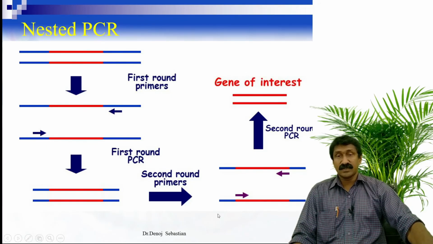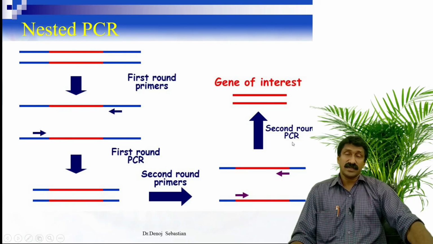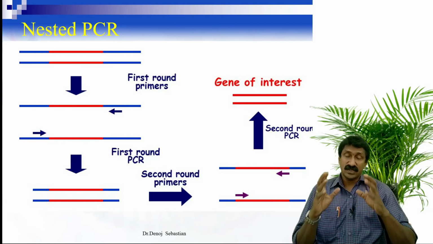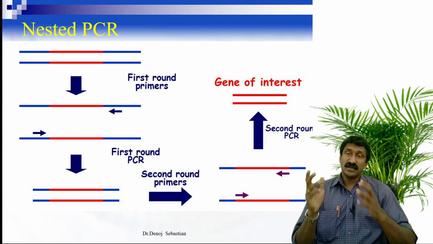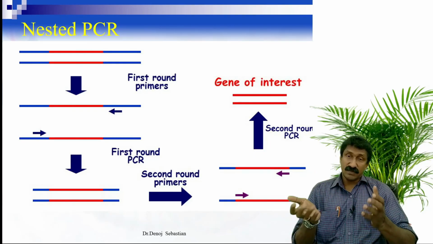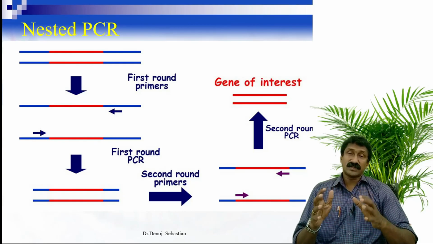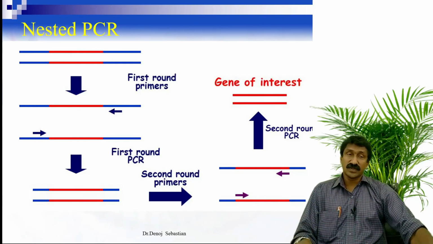This second step primer ensures that only the concerned target DNA is amplified, and any non-specific amplification product will not be amplified in the second primer reaction. This is how nested PCR works. The second step amplification ensures a two-step verification process: if some non-specific amplification occurs with the first primer, the second primer ensures that non-specific amplification products are excluded.